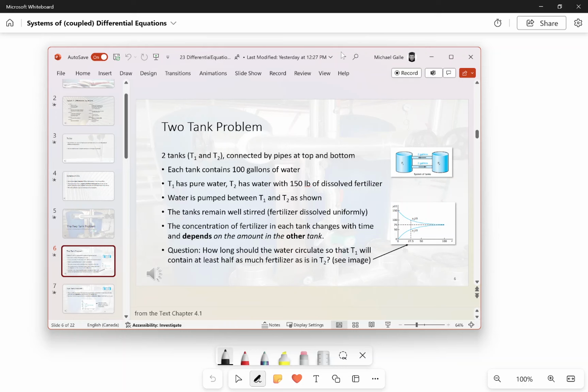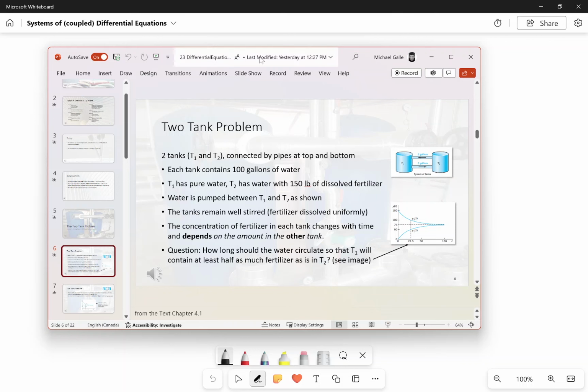Okay, so what we don't have and what we need to solve for is the function that describes the amount of fertilizer in each tank. So y1, we'll use y as our variable. y1 is the amount of fertilizer in tank 1, and y2 is the amount of fertilizer in tank 2.